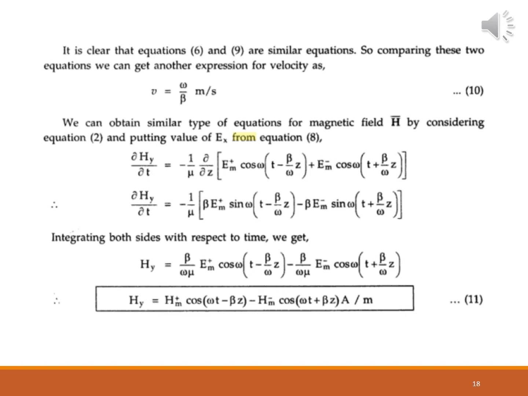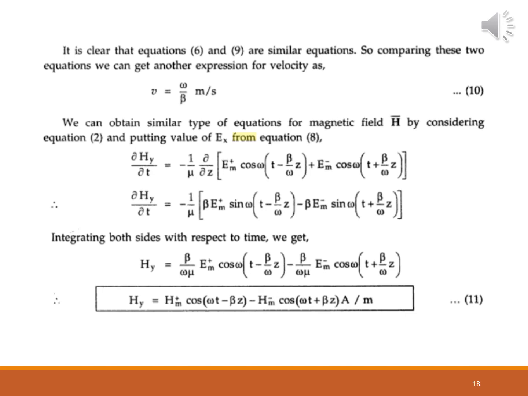Now, similar to how we obtained an equation for Ex as the sum of two sinusoid functions, a forward and a reverse wave, similarly you can get an expression for Hy also. You obtain it using equation 2.